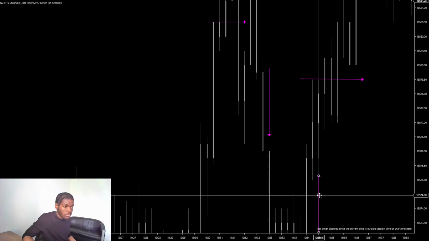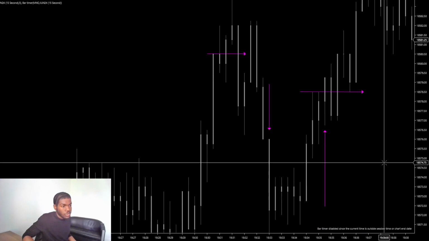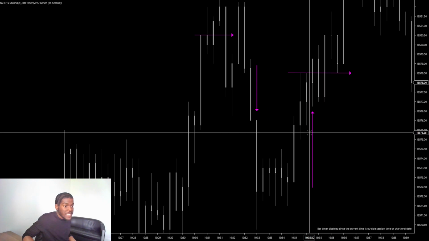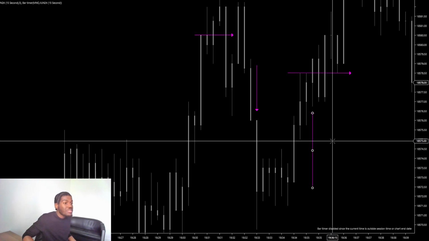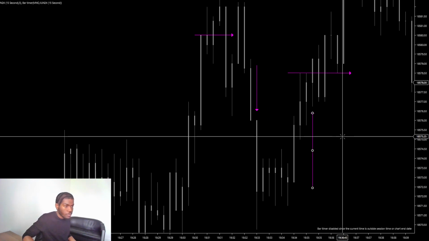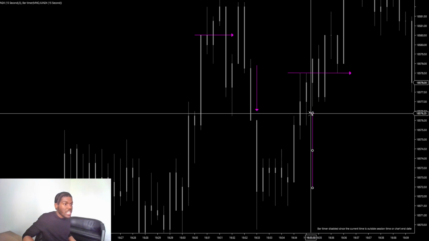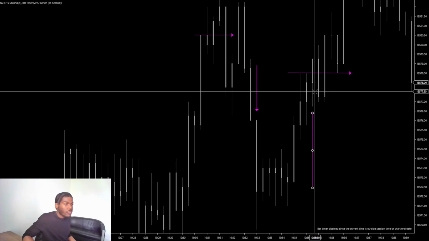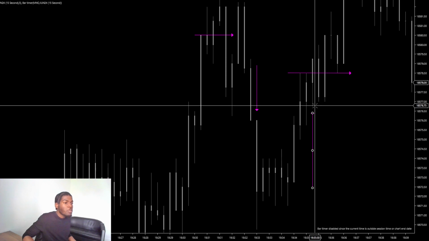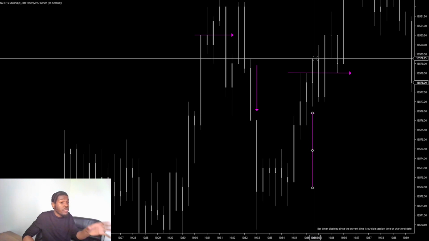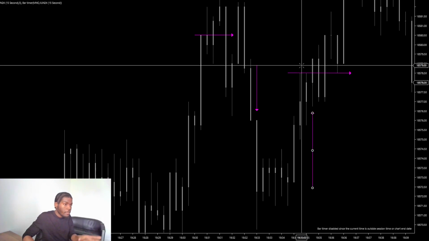Until when? Until the next candle. This candle you can now consider to be the last up candle because it moved above the high of the last up candle.